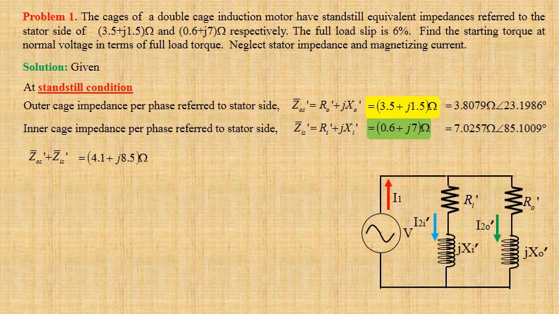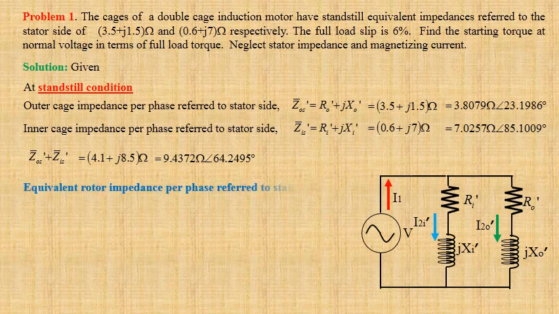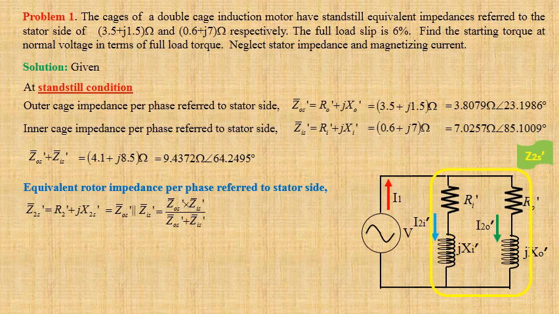This may be written in polar form as 9.4372 ohm at an angle 64.2495 degree. Let us now determine equivalent rotor impedance per phase referred to stator side. Z2S' equals R2' plus jX2S', that is equal to ZOS' in parallel with ZIS'. This may be written as ZOS' into ZIS' divided by ZOS' plus ZIS'.